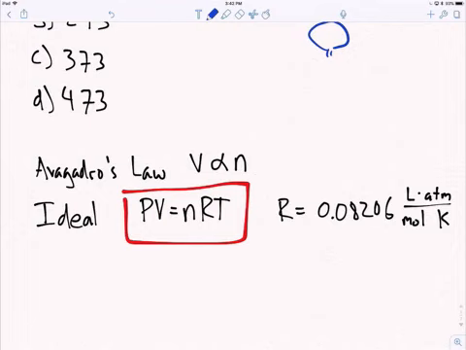So the ideal gas, and we'll talk about it a little more when we get to kinetic molecular theory. The ideal gas is one where the particles themselves have no volume, but the gas has a volume. And also, the particles have no attraction for each other. So why does that matter? Well, if you have two particles and they have an attraction for each other, they will hang around together, and now those two particles will act more like one particle.